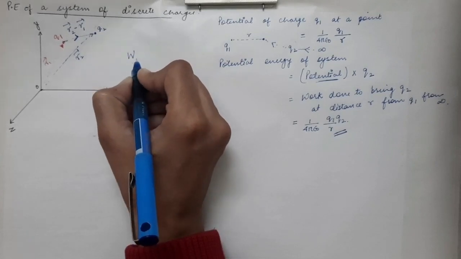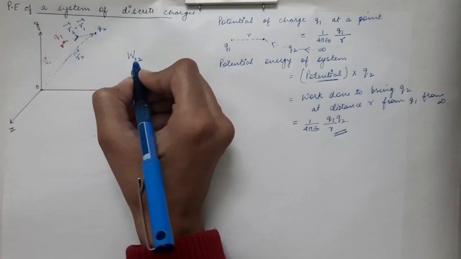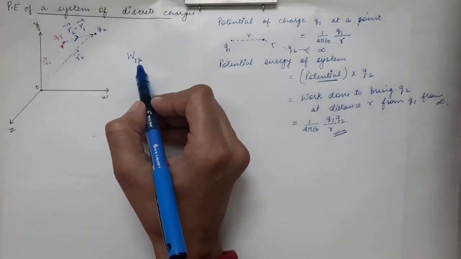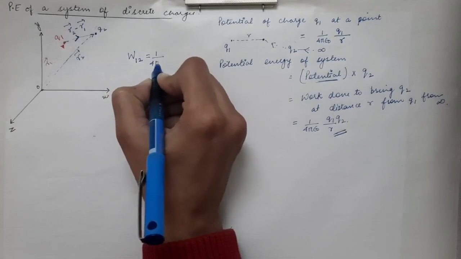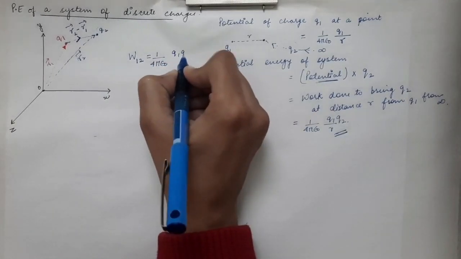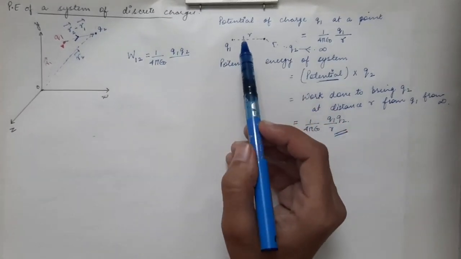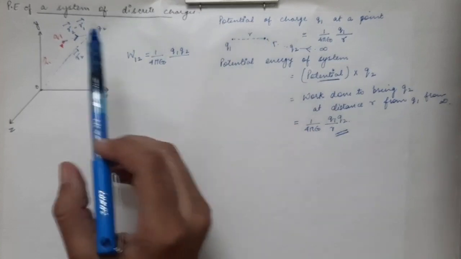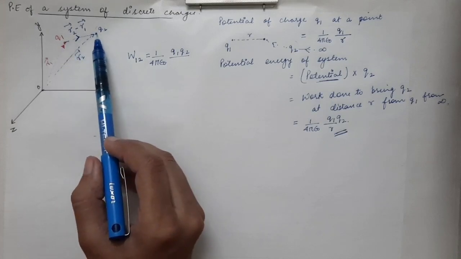So the work done to bring the second charge when we already have the first charge will be equal to 1 by 4 pi epsilon naught, q1 into q2, divided by small r. Small r was the distance between these two charges, but in this case what we know is the vector which originates from q1 and ends at q2.